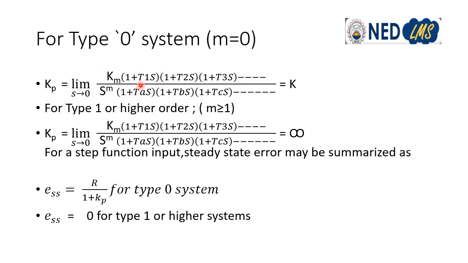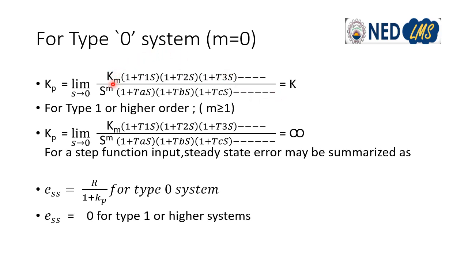For example, in 1 plus T1 s, if s is 0, the second term will become 0 and it will become 1 plus 0 equals 1. Similarly, in this factor, if we apply the limit at s is 0, it will become 1. So all these factors will become 1, and if we take the product of all these factors, it will be 1 into 1 into 1, and similarly in the denominator it is 1 into 1 and 1. So this is actually equal to K.